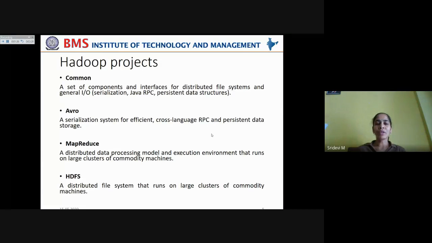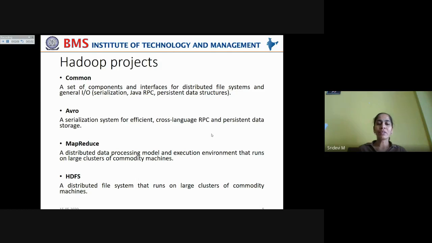And MapReduce, we have already seen, is a distributed data processing model and execution environment that runs on large clusters of commodity machines. I say commodity machines because now machine cost has come down, and when the demand arises, immediately you can scale up the capacity of your cluster by just adding nodes, just by plugging in the nodes and harnessing their capacity into the already existing cluster.